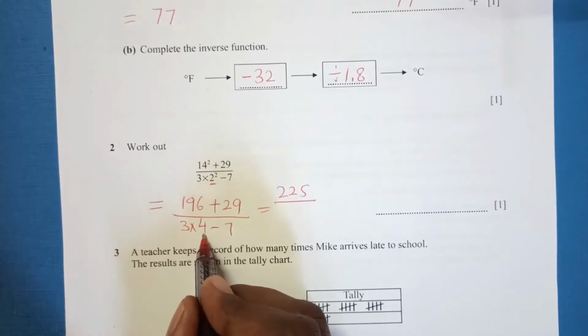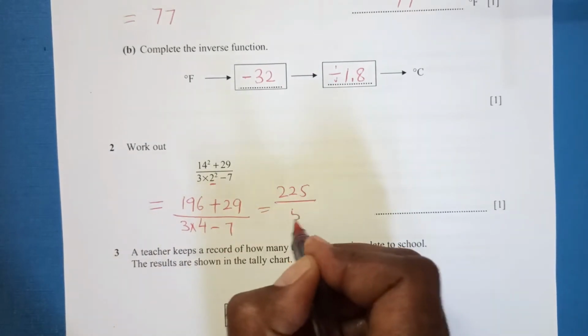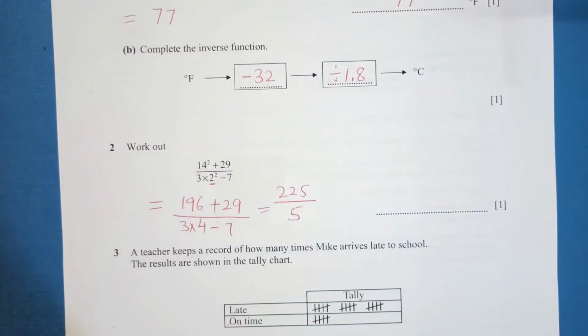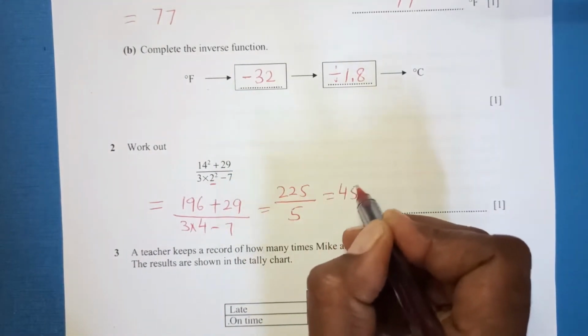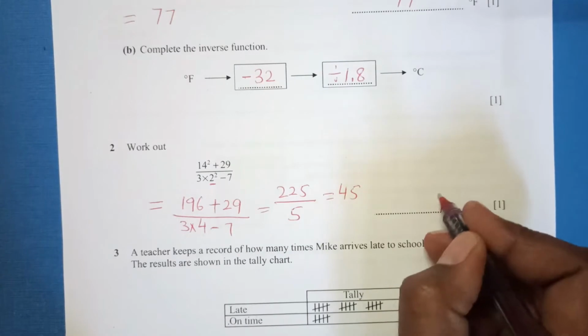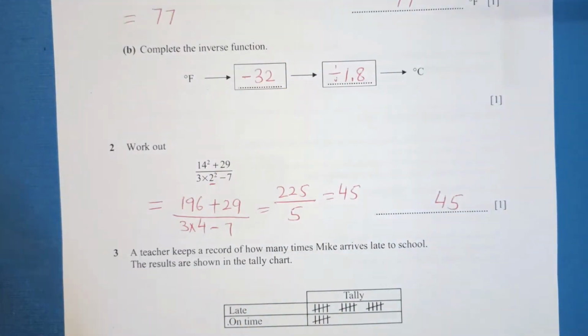Then you have here 3 times 2 squared: 2 times 2 is 4, 3 times 4 is 12, 12 minus 7 is 5. So when you divide it, 5 times 4 and 5 times 5, it gives you 45.